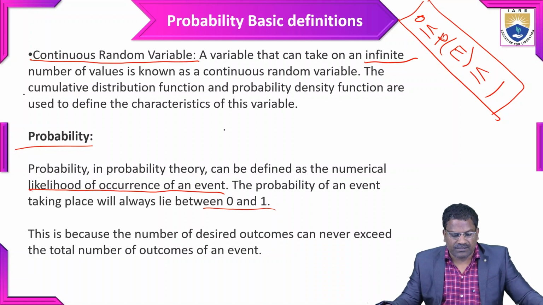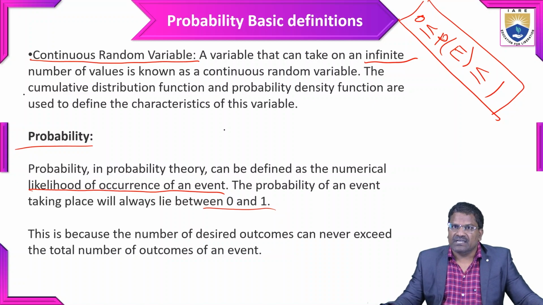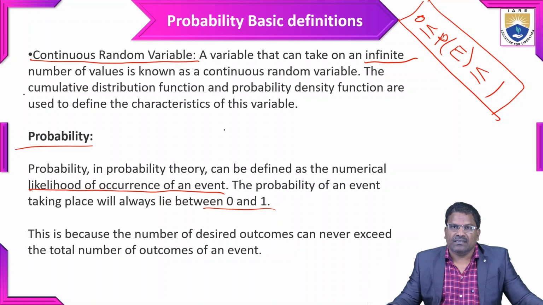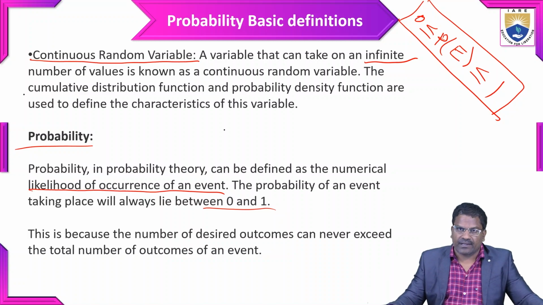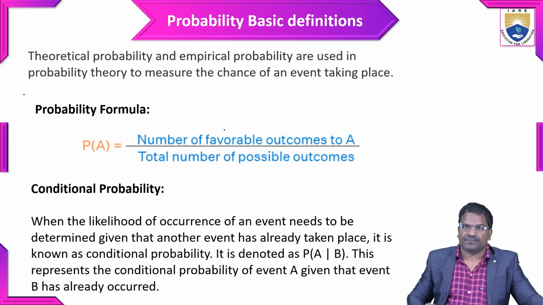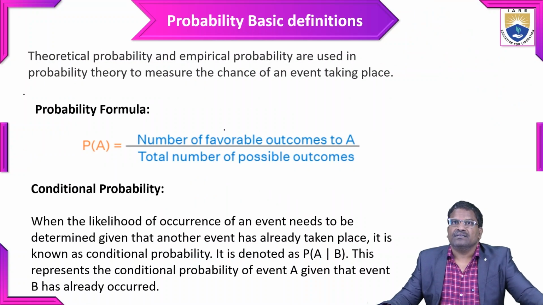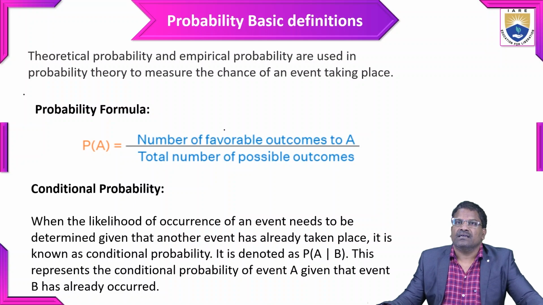This is because the number of desired outcomes can never exceed the total number of outcomes of an event. Theoretical probability and empirical probability are used in probability theory to measure the chance of an event taking place.